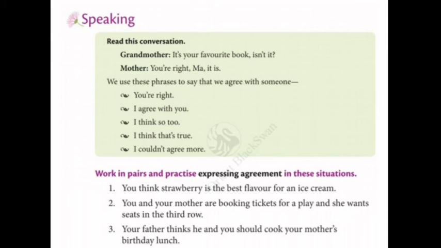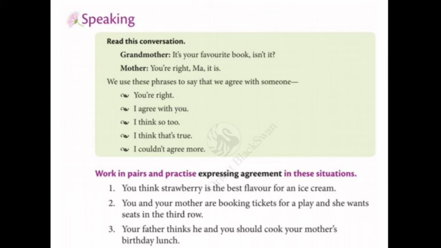It is. You see, we use these phrases to say that we agree with someone. Let us look at the phrases which we use for agreeing with someone. You are right. I agree with you. I think so. I think that's true.